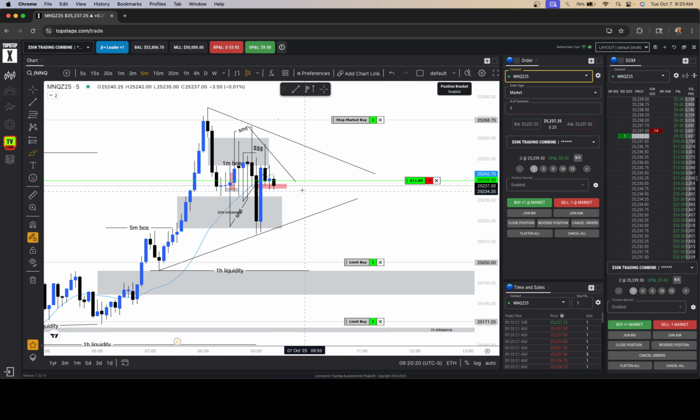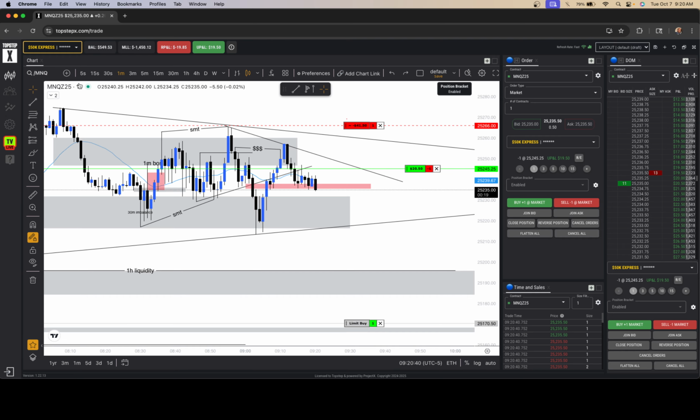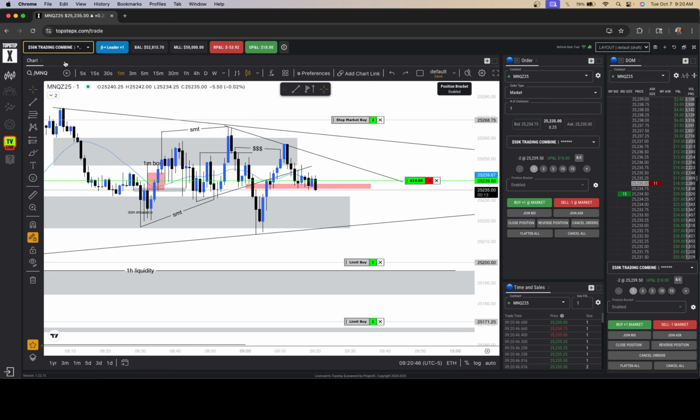Still waiting to see if we can get this push through this level. There is a 1 minute imbalance right here that can potentially push us back to the upside. And based off the way price has been moving, I would not be surprised if that happens. Nothing will surprise me today.